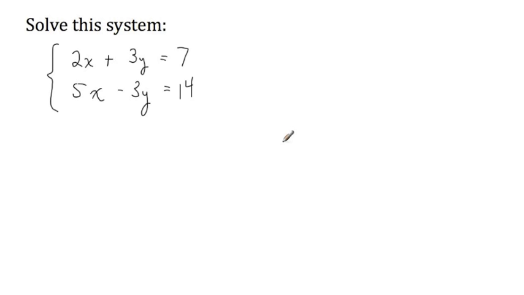Essentially, the first step for solving a system of equations using linear combinations is to get one of the terms with the variables to be opposites in both equations. For instance, if we look at the x variables, the first equation has 2x and the second equation has 5x. Those are not opposites.